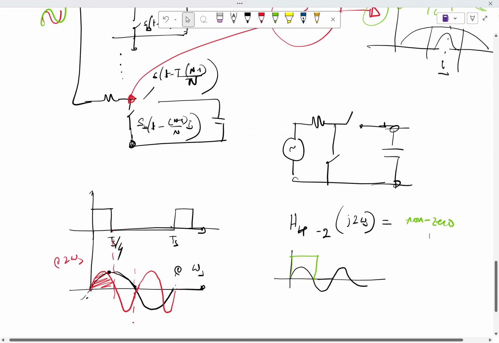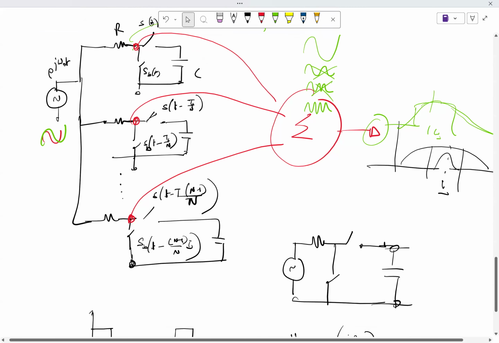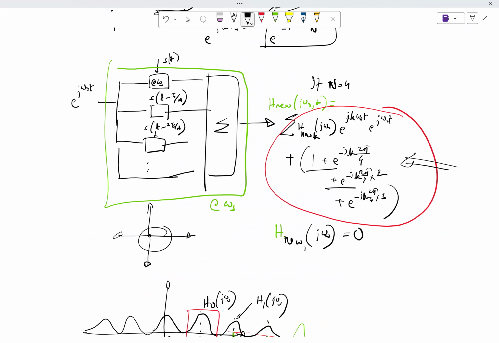Yes. What is the motivation behind tapping out the response at the node before s of t? I can tap out from anywhere. This relationship is independent of wherever you're tapping out from. It can be at the output of the capacitor, but there you only have DC.